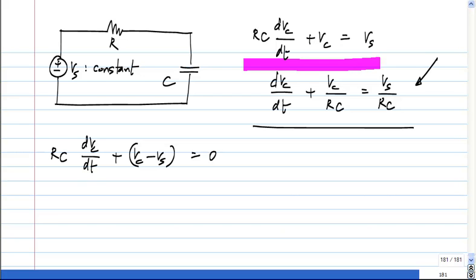Okay. And Vs is a constant. So if I call Vc1 as Vc minus Vs, the derivative here is the same as that, obviously, right?